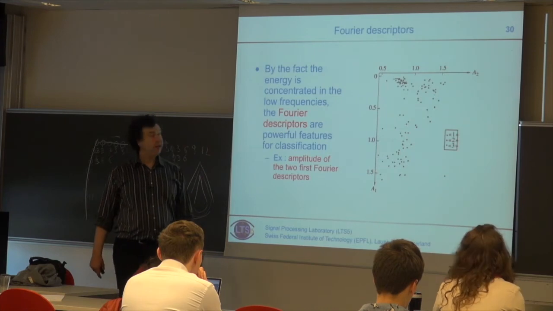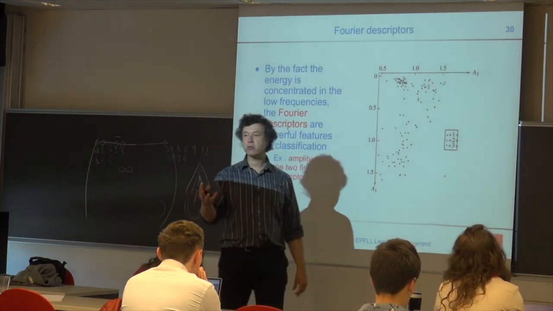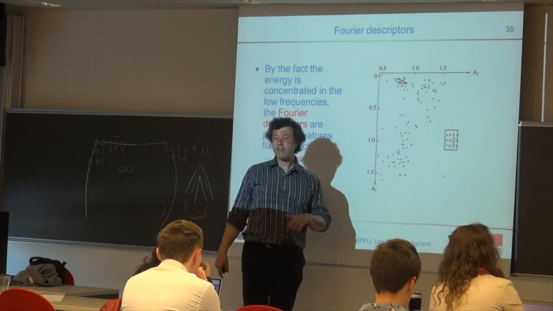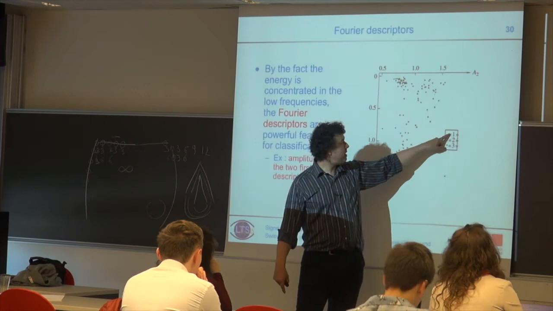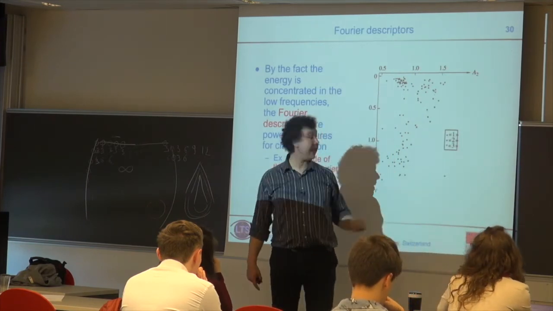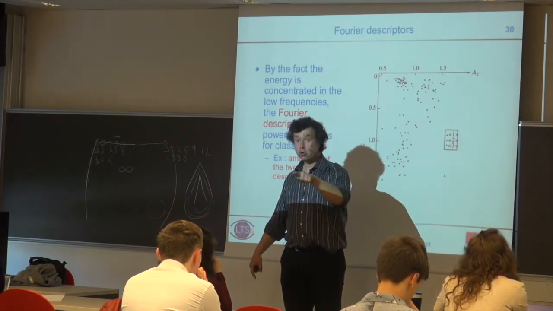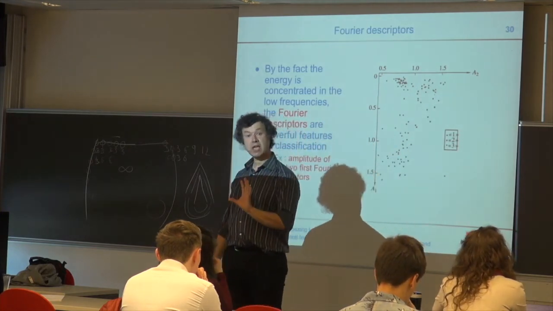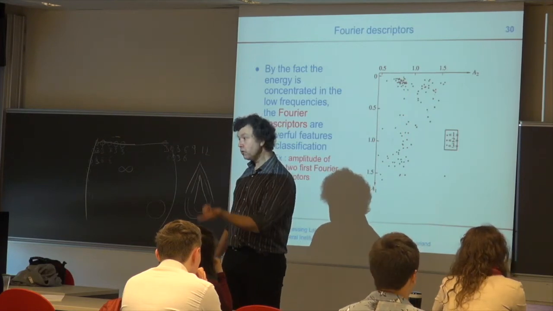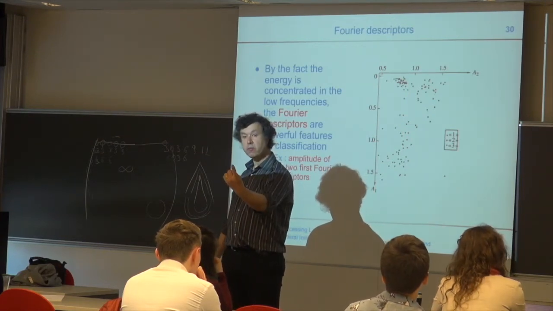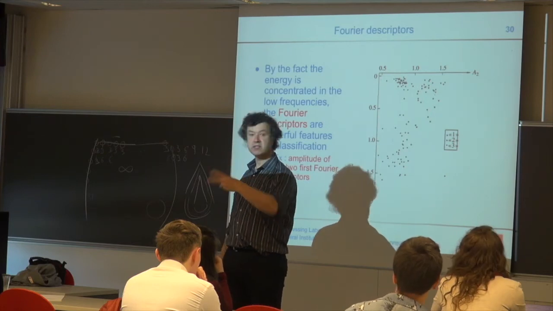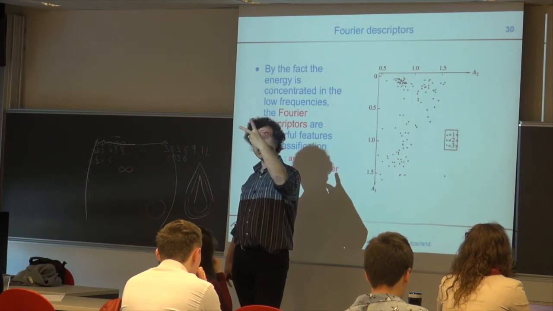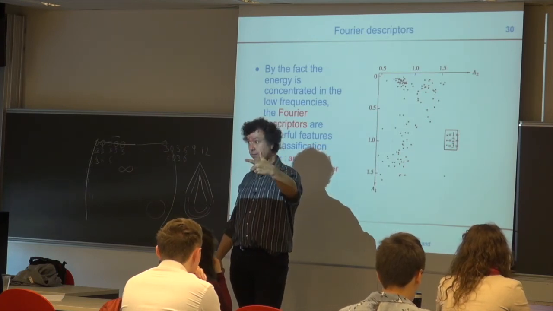What does it mean? Let's imagine you want to do character recognition. That 1, 2, 3, for instance. And you have a training set of many 1s drawn by hand, many 2s drawn by hand, and many 3s drawn by hand. For each of those examples, you calculate the contour, you calculate the Fourier transform, and you keep the first two Fourier coefficients. Let's say the amplitude of the first two Fourier coefficients. 2 features only per image, per character.